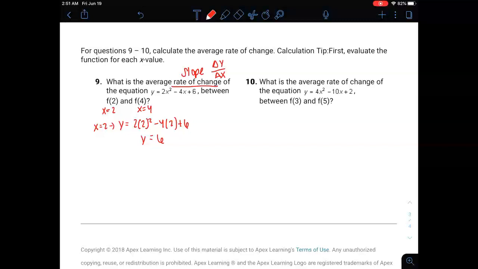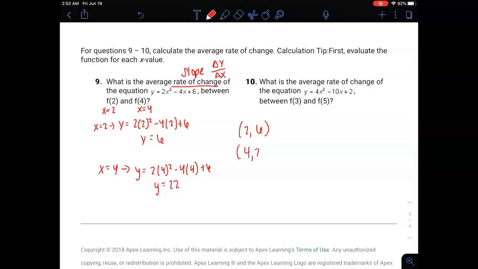And when x is equal to 4, y is equal to 2 times 4 squared minus 4 times 4 plus 6, so y is equal to 22.